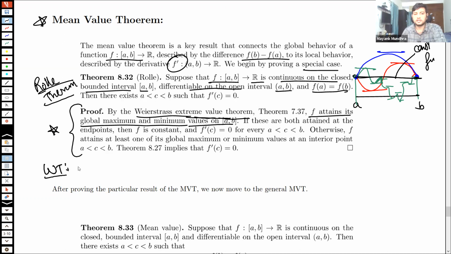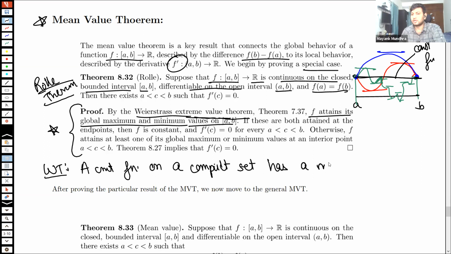It says that a continuous function on a compact set has a maxima and a minima. I have talked about it, but I have not proved Weierstrass's theorem. The proof of Weierstrass's theorem is not important. You can directly quote Weierstrass's theorem in the exam.